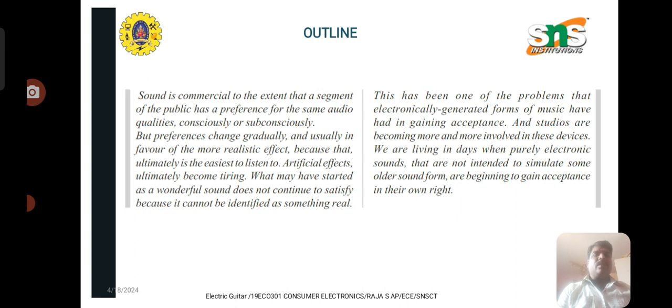So in order to avoid this problem, we can go for electrically or electronically generated forms of music that have produced a more acceptable value. Studios are becoming more and more involved in these devices. We are living in days where purely electronic sounds that are not intended to simulate some older sound form are beginning to gain acceptance in their own right.